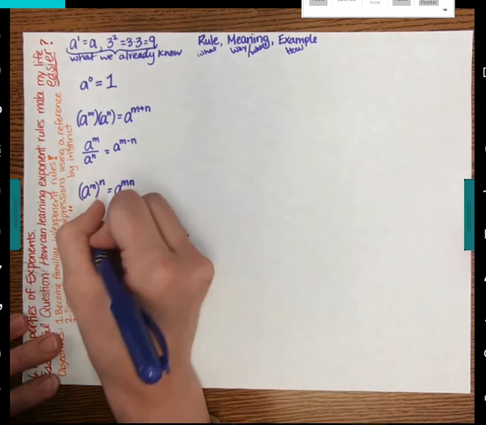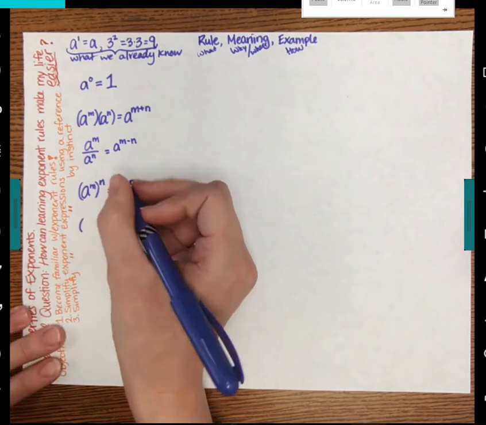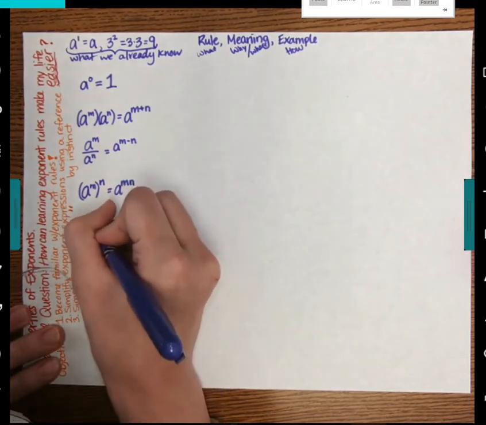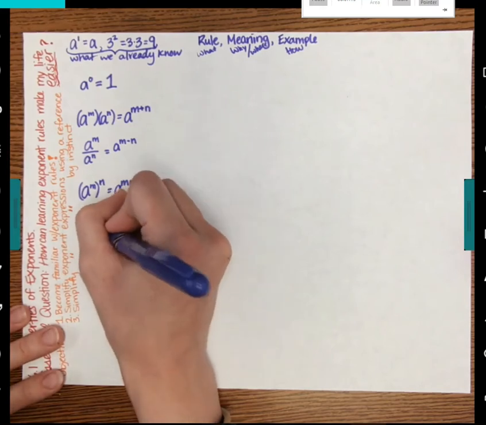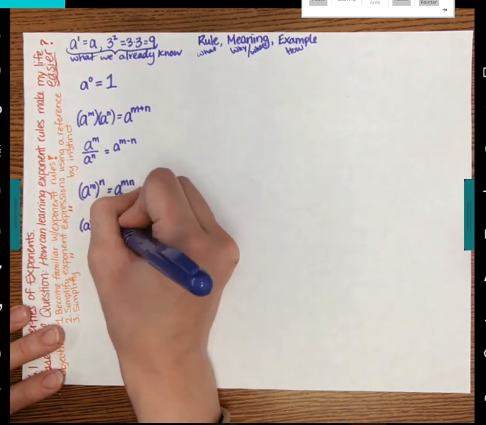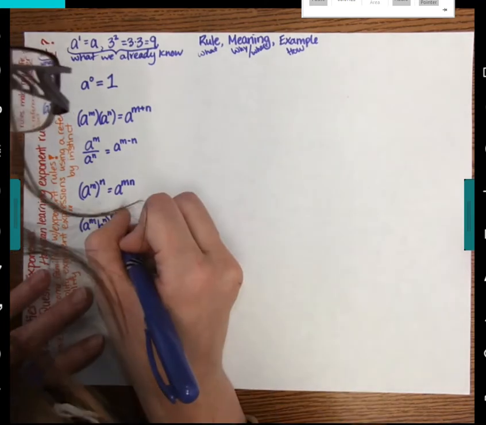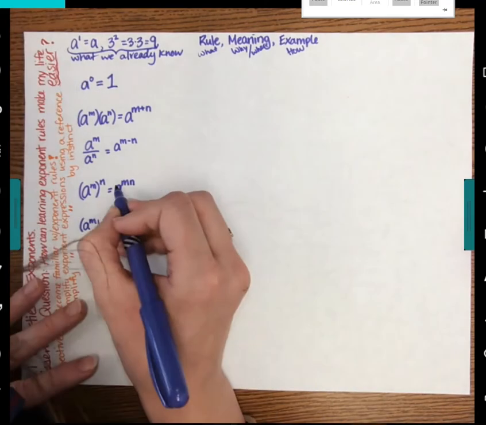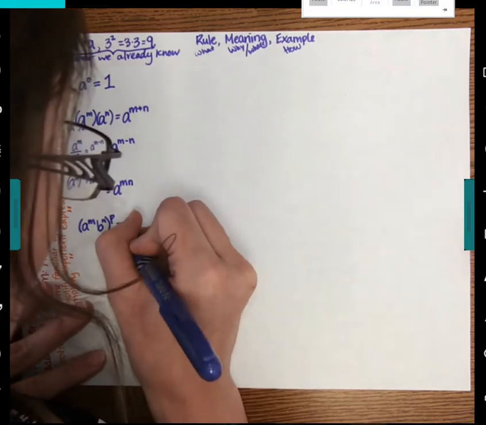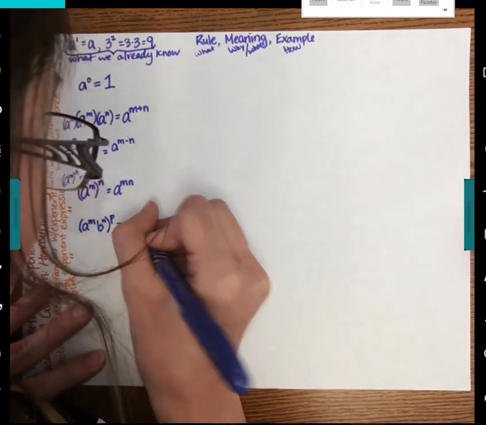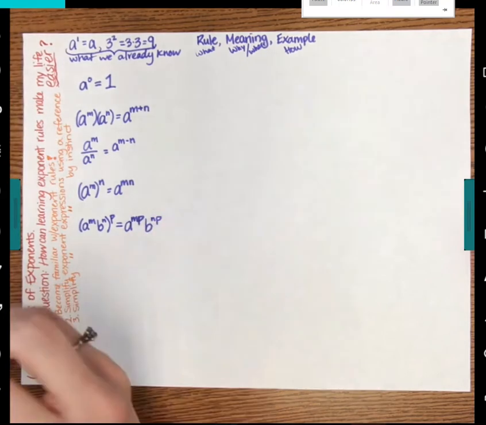Now, this next rule is exactly the same as this rule, but I'm showing it to you again in a different circumstance. So let's say a to the m, b to the n, to the p. Well, this is this exact same rule here, except now we are distributing. So that's going to give us a to the mp and b to the np.